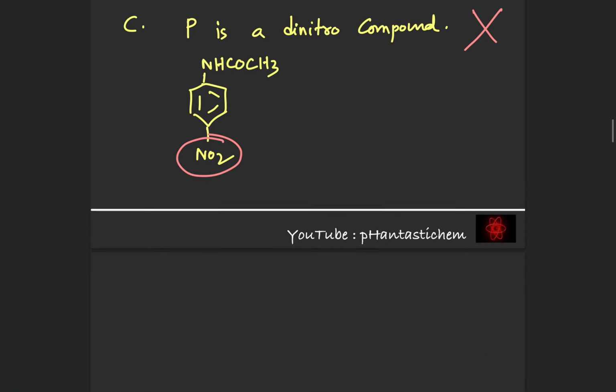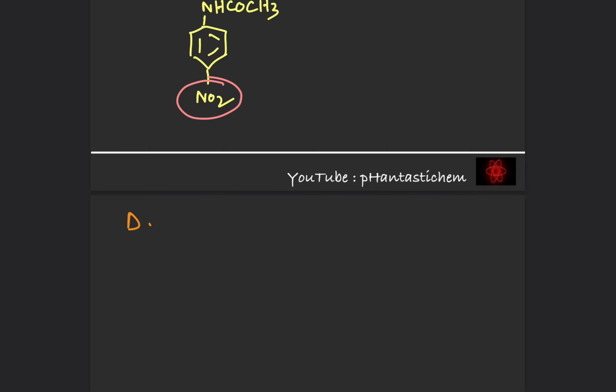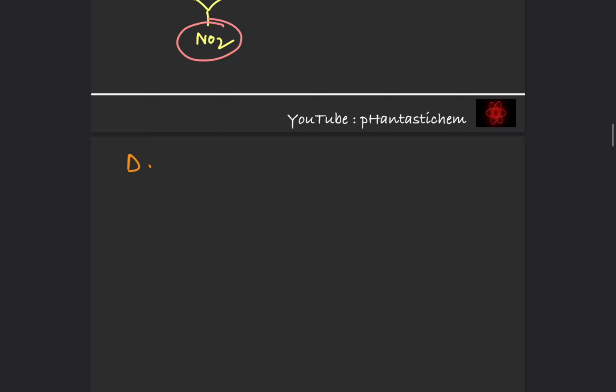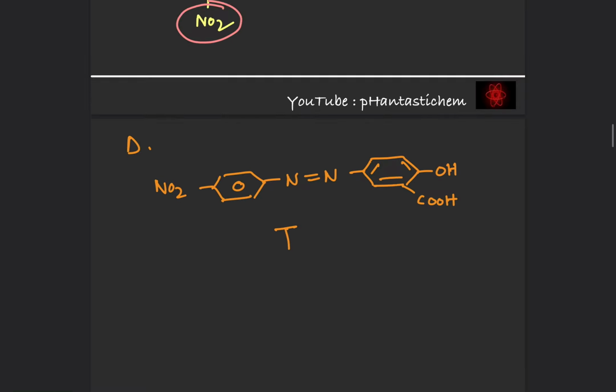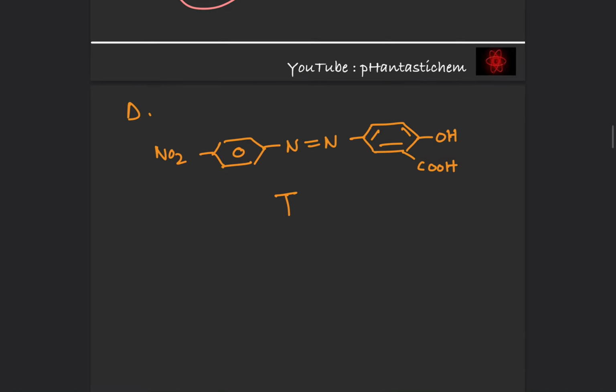Okay, and option D says that T is a colored compound. Okay, so we have already derived T, which is NO2 connected to benzene ring, N double bond N, which is connected to a benzene ring containing OH and COOH in the ortho position, right? So this T is obtained after coupling reaction, if you remember, between diazonium salts and electron-rich aromatic compounds.